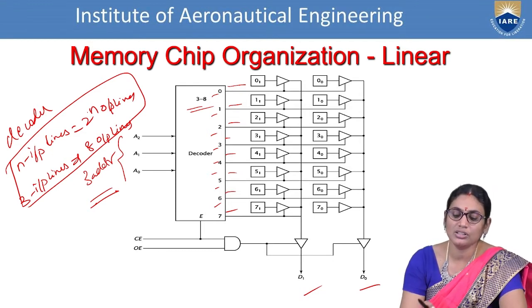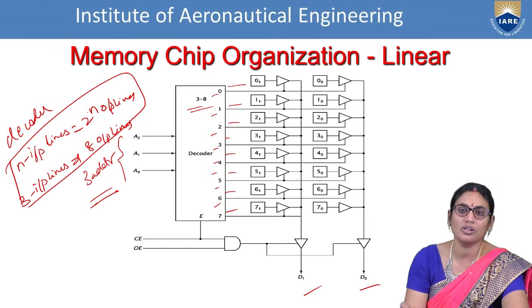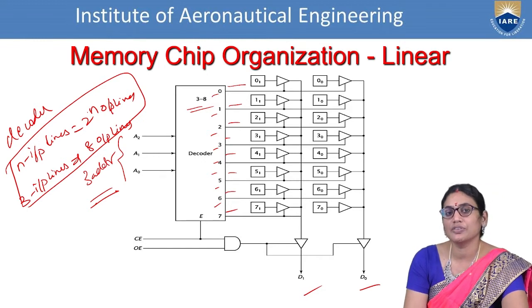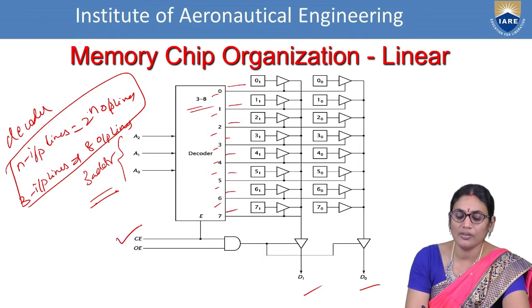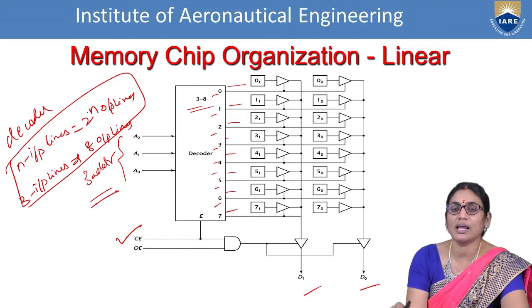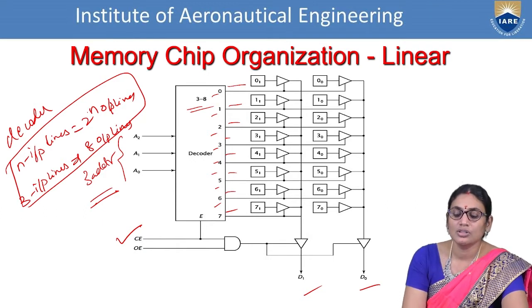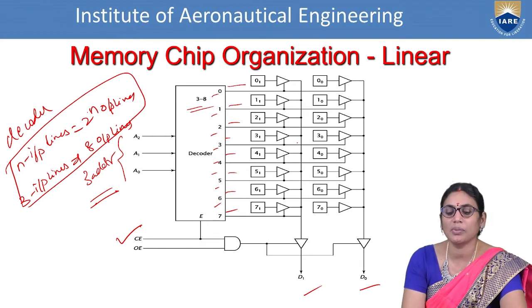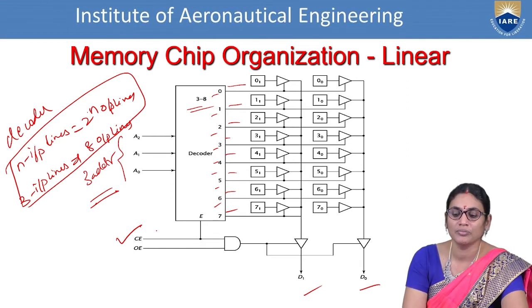Or should I enable the 0th pin, 1st pin, 5th pin or 6th pin? These are the classifications we need to make. Because of this, we need a chip enable pin. The chip enable pin activates the decoder to select which pin gets activated with the data. Which pin has to give the data and which pin has to stop the data is decided by the chip enable pin.